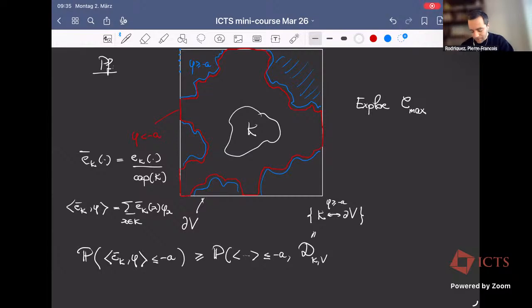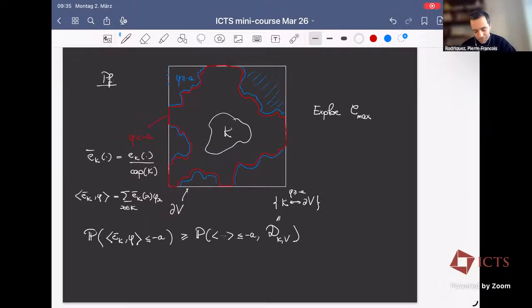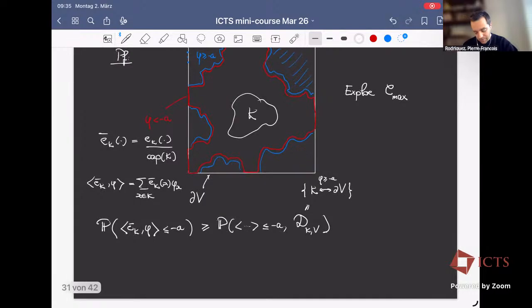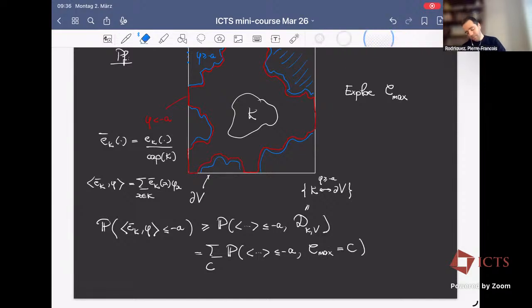Okay, and so of course now if I use my exploration, I can rewrite this by decomposing according to this outermost blocking surface that I explore. So everything's discrete, so it's going to have some realization C. So there's a probability that the average is less than minus A, and that Cmax is equal to C.